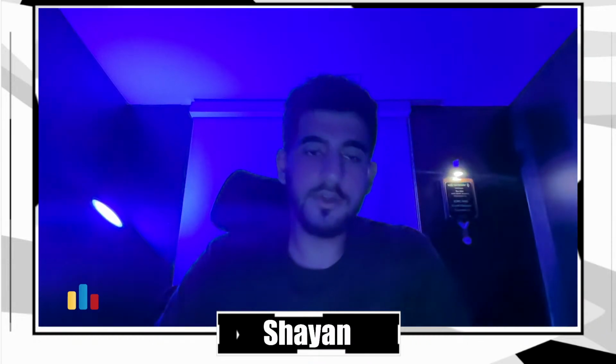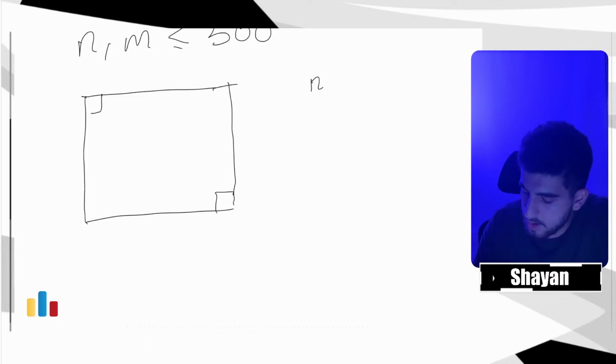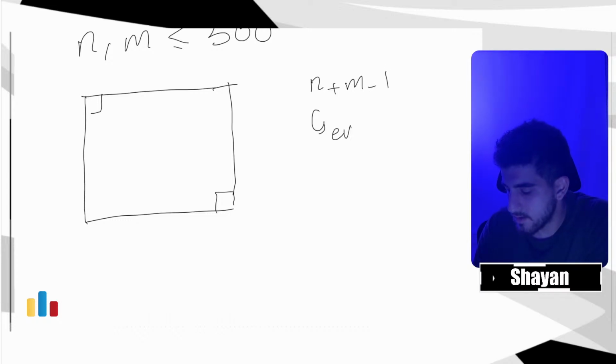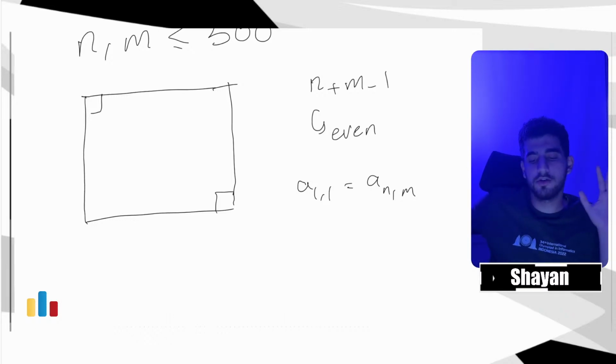Yes, our length is going to be n plus m minus 1. So, okay, now it's working. So the length of our path is going to be n plus m minus 1. It must be even, and also a of 1 and 1 must be equal to a of n and m, right? So these are what we need to make sure are okay.